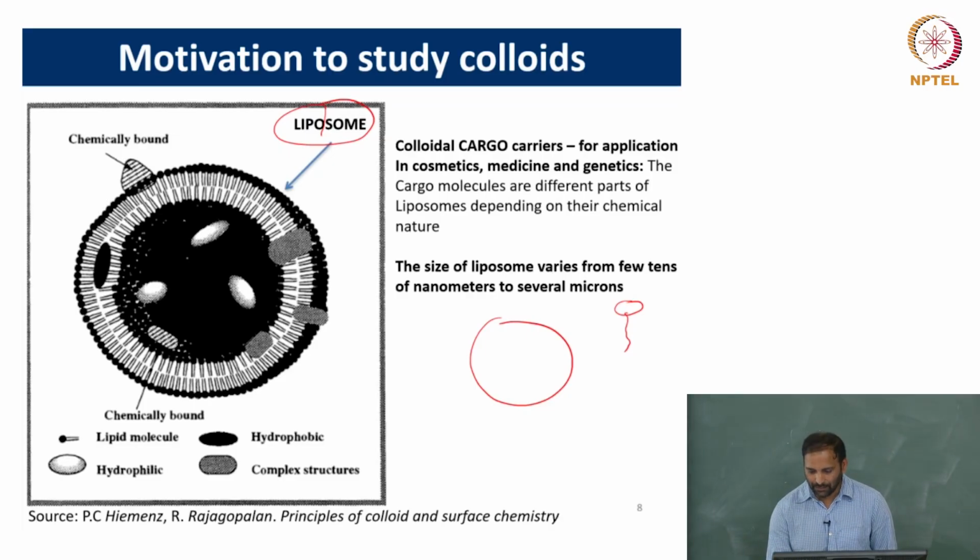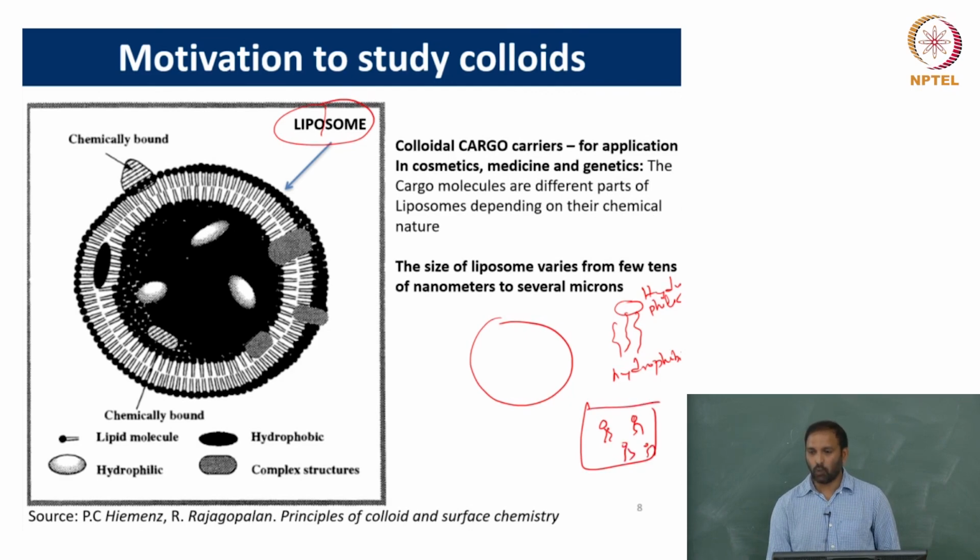Typically lipids have one head group which is hydrophilic, and two tail groups which are hydrophobic. So, when you take several such molecules in water, I simply mix it up. I just put it in a sonicator or a high energy mixer. I just mix it up.